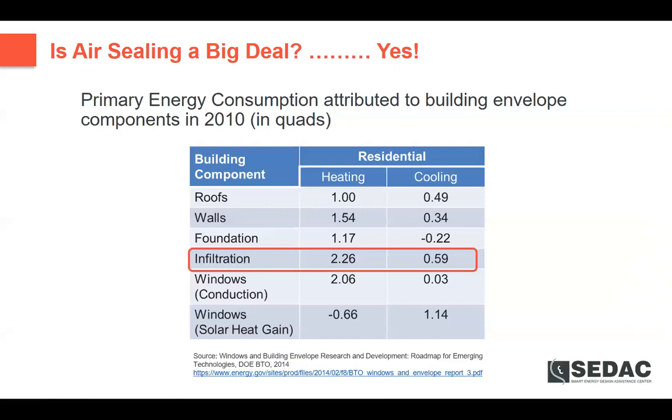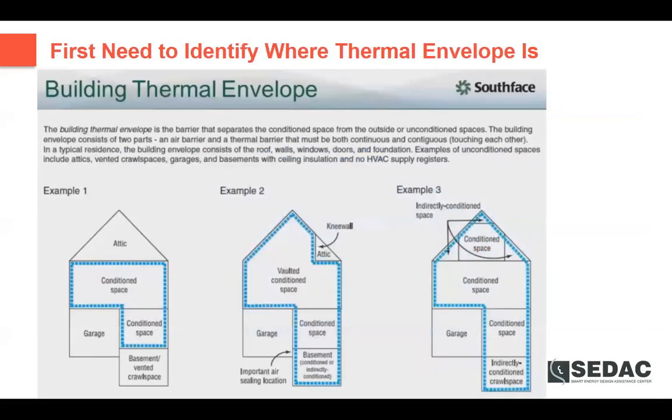Reducing infiltration has received a lot of attention in the last decade or so, and for good reason. Along with that exfiltration, a lot of times we can cause moisture problems, and we'll talk a little bit about that following up here.